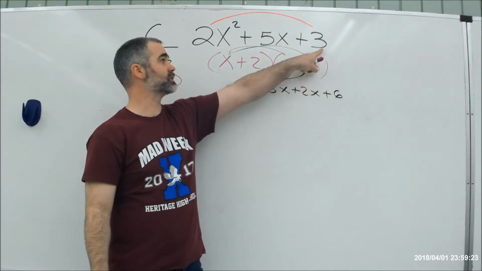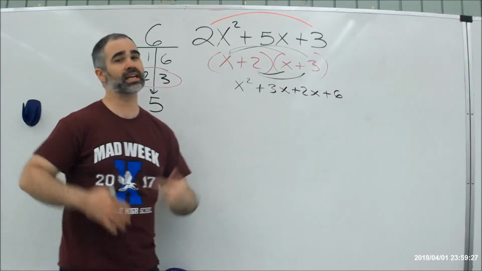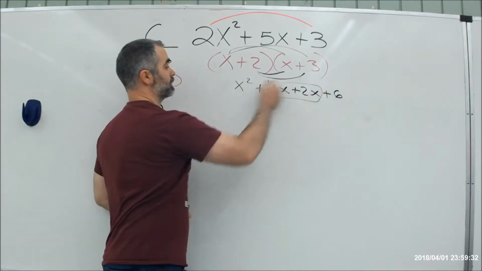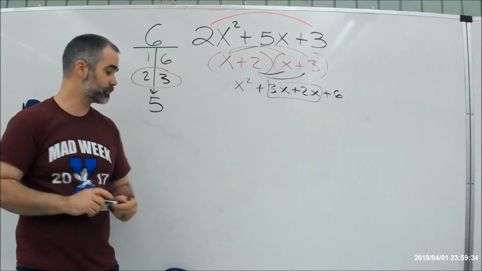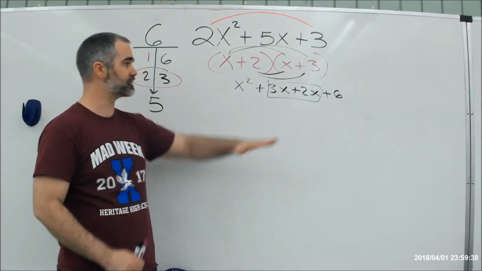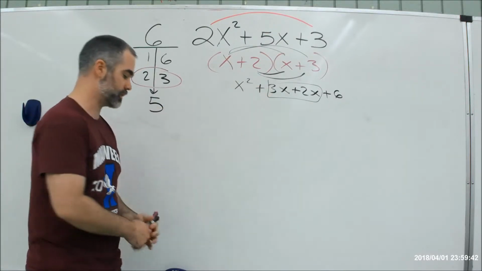I end up with 6 instead of 3. I have x instead of 2x, or x squared instead of 2x squared. It's not the same thing. In fact, the only thing that's the same is the middle term, and that's going to be a problem. So this won't work. If you're checking your work, you'll see right away that this isn't going to make sense, and you're going to have to go with our other method.